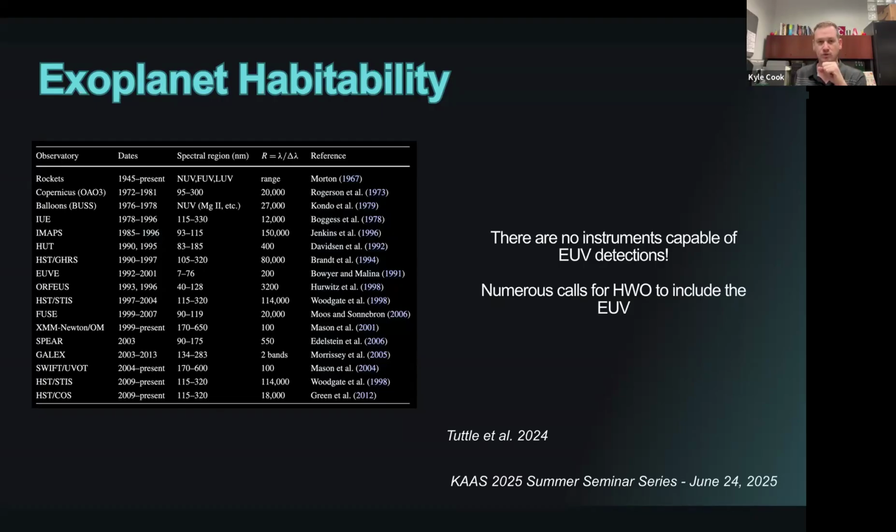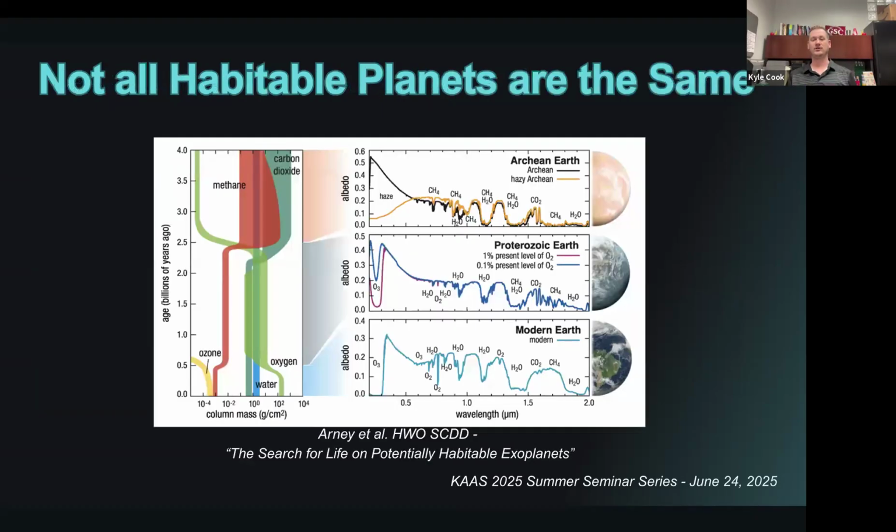Another thing I want to point out is we always talk about habitable worlds, and then in the back of our mind, I think we're translating that to Earth-like worlds, right? But even taking that, Earth is not the same over time.